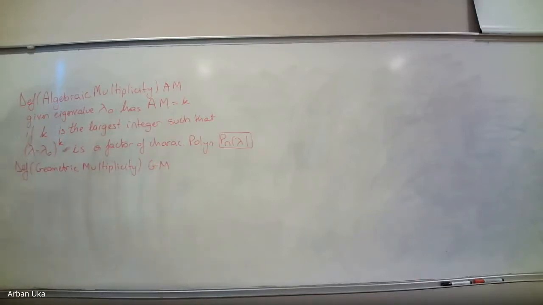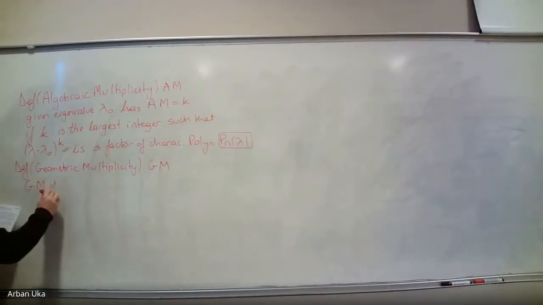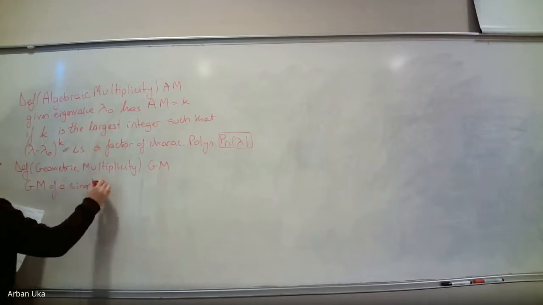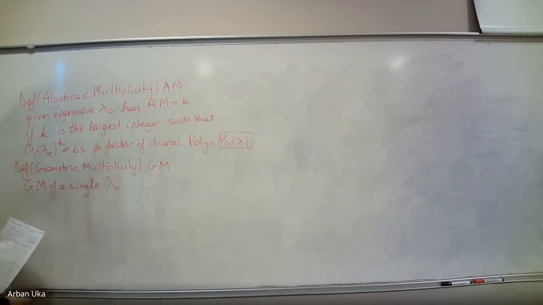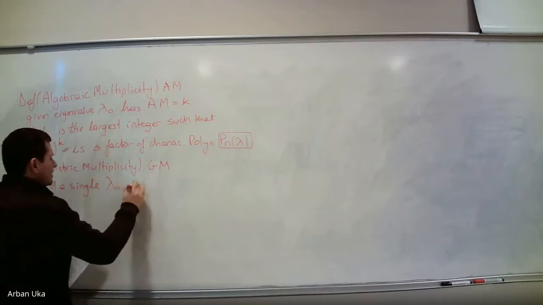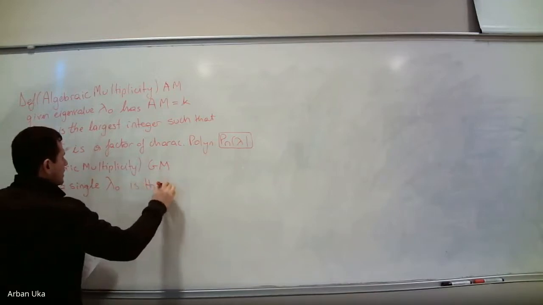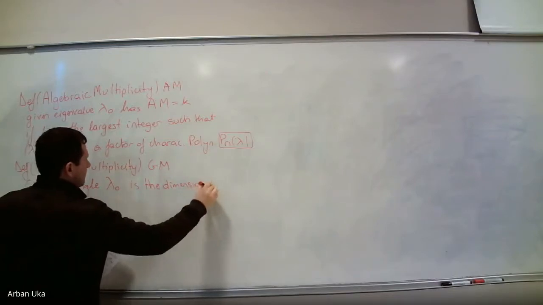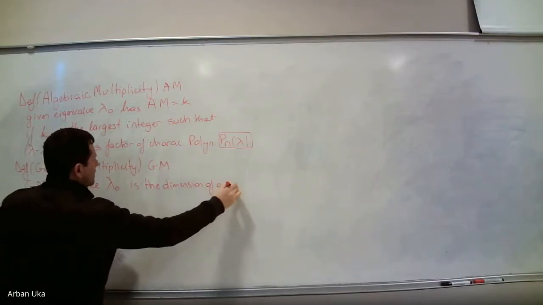Now, geometric multiplicity, GM, of a single lambda 0, so not all of them, but each specific eigenvalue, lambda 0, is the dimension of the eigenspace.